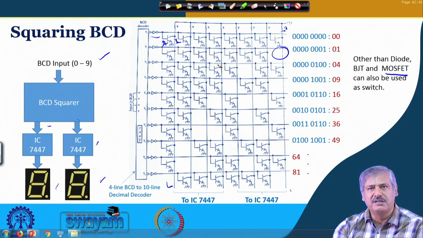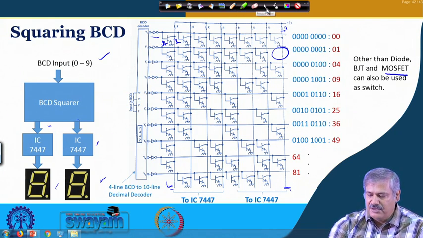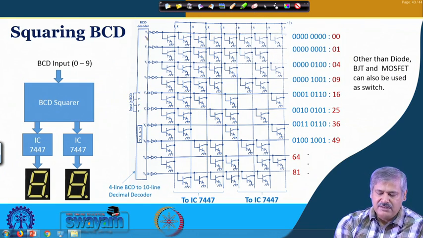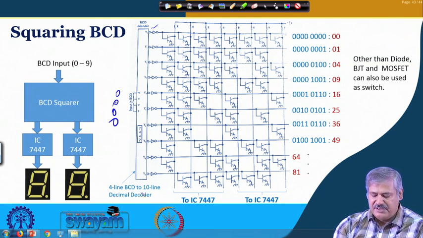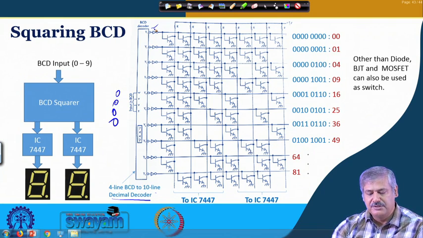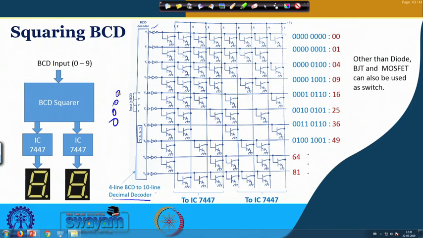How the circuit is working, how the current flows and the voltage level comes at the outputs: if you have understood that, then take the first one, where the BCD input is 0, 0, 0, 0.